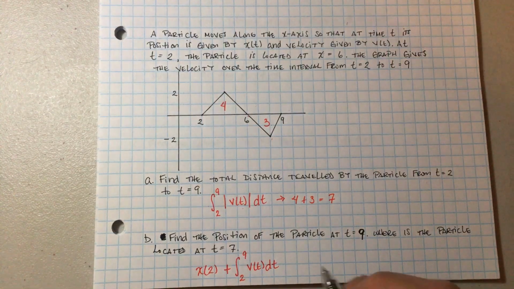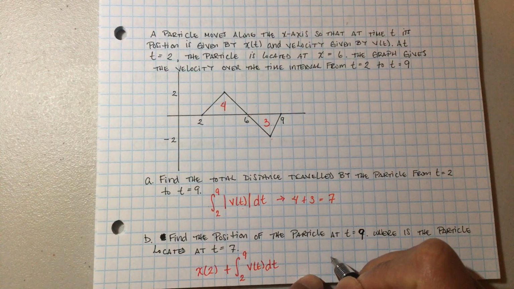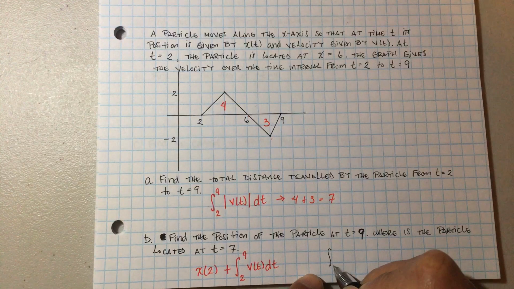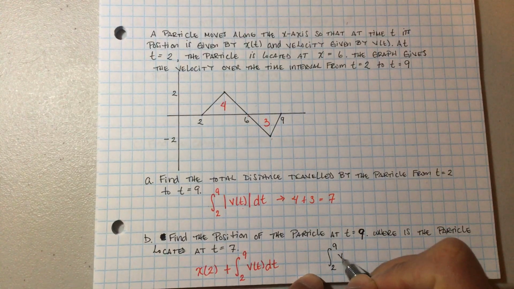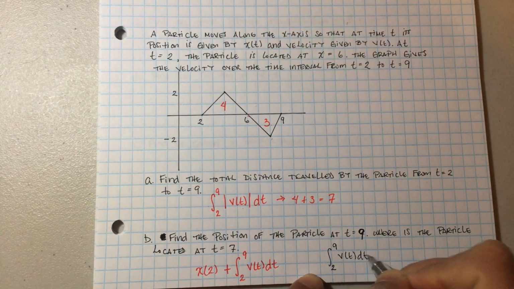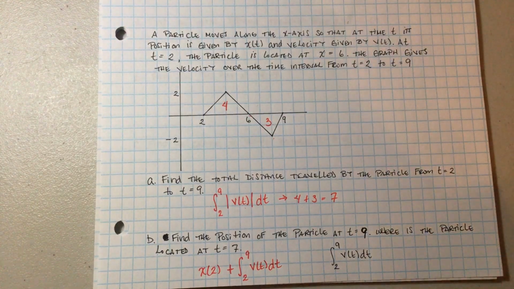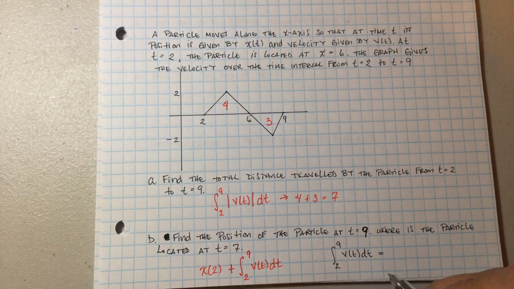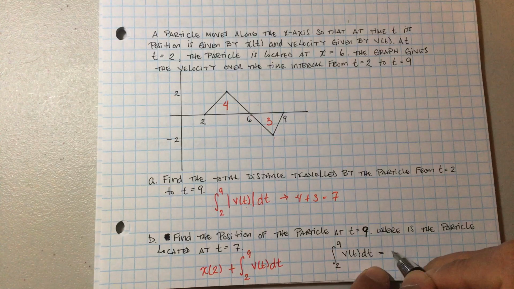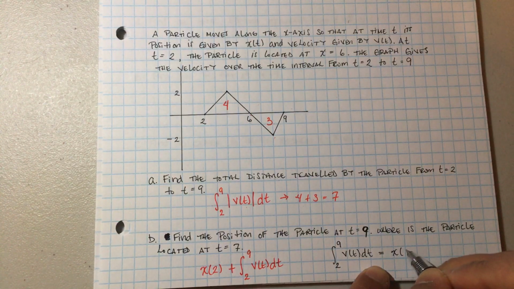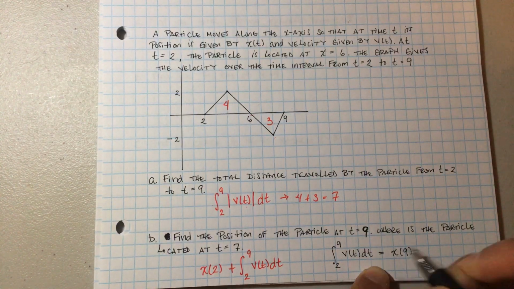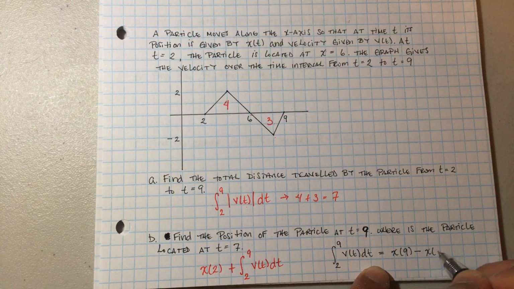All right. So what we're going to do is integrate the velocity from 2 to 9, because when we integrate velocity, we get position. Remember, the antiderivative of velocity is position. So you're going to get x, which is position, of 9 top minus bottom, x of 2.